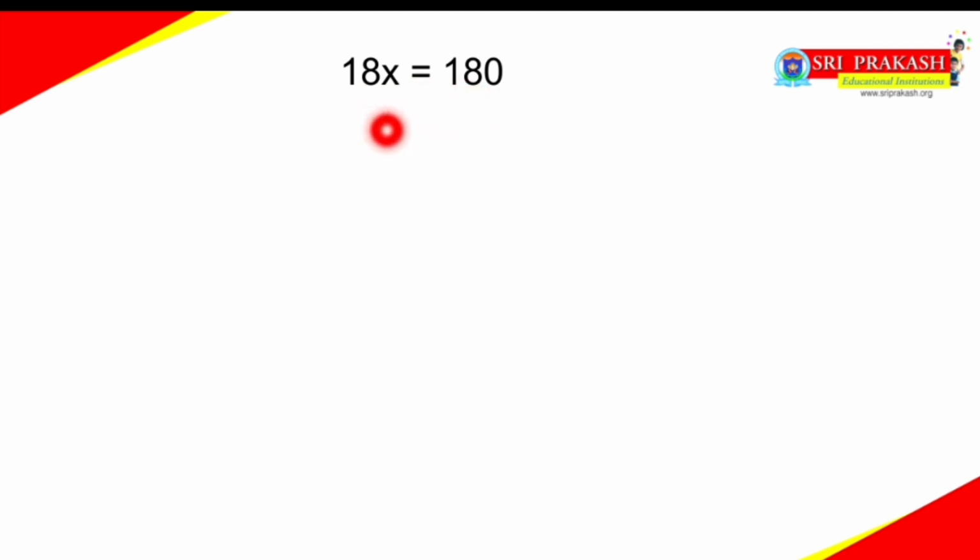Now let us shift 18 from LHS to RHS. Then it will become x is equal to 180 by 18. Now you can cancel 180 with 18 in 10 times. Then the value of x is equal to 10.